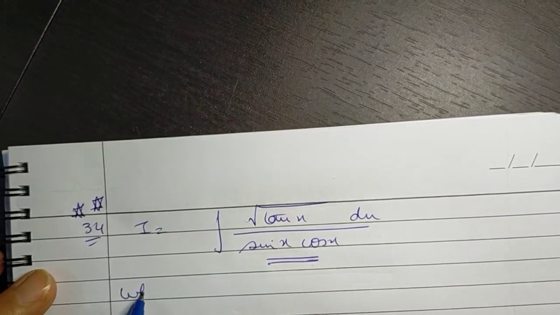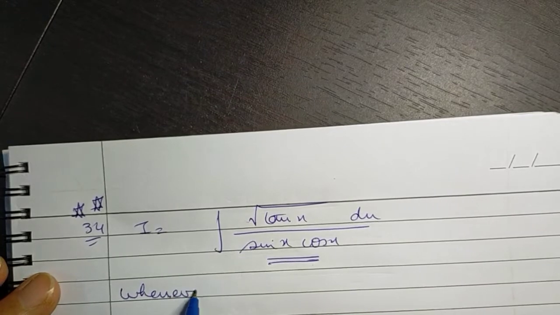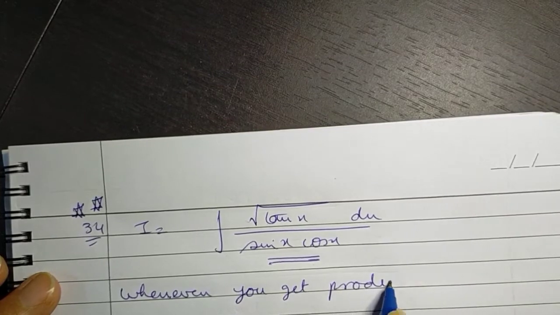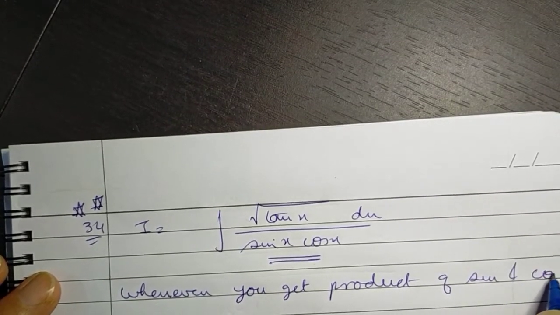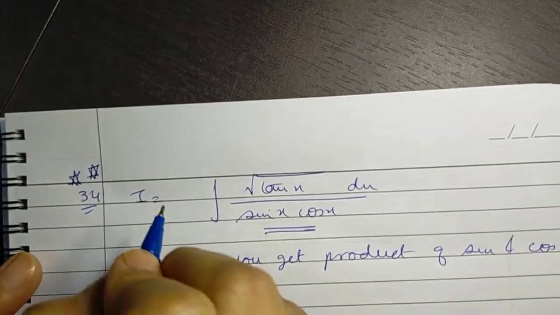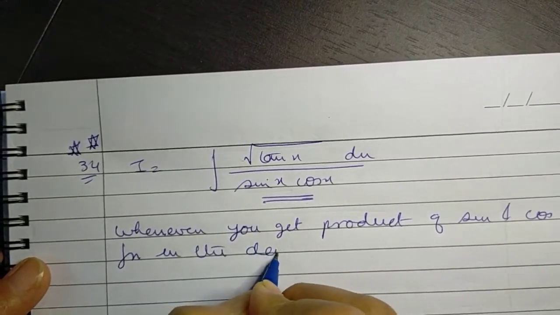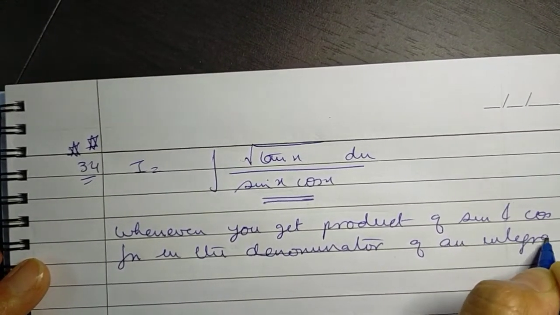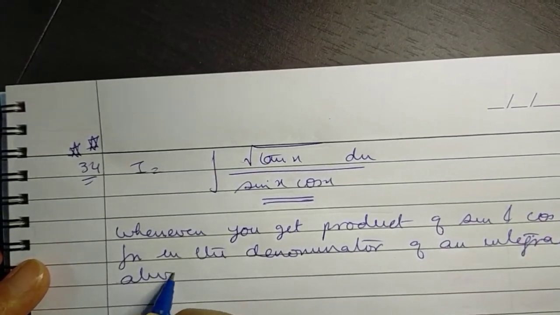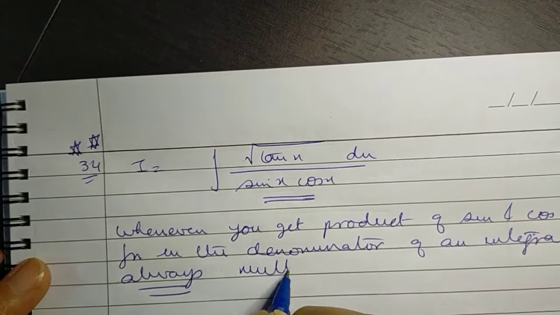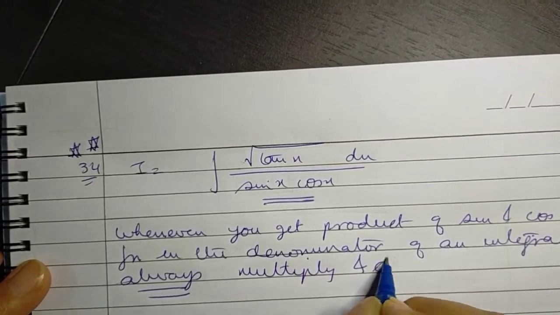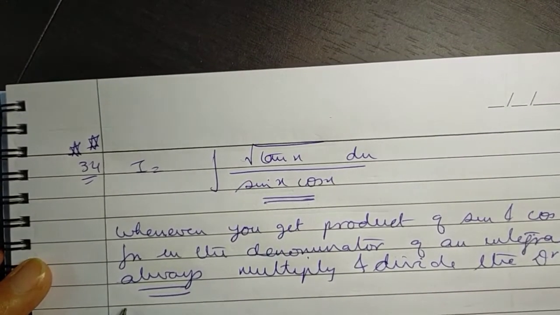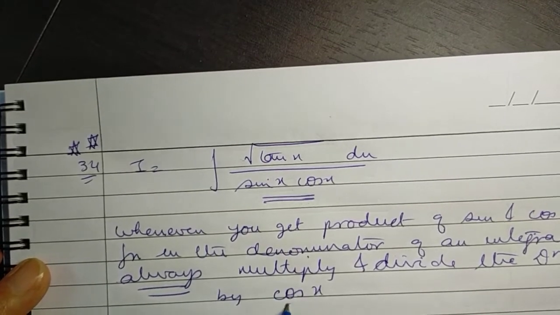Now this is a rule which you have to keep in mind: whenever you get a product of sine and cos function in any power in the denominator of an integral, we will always multiply and divide the denominator by cos x.